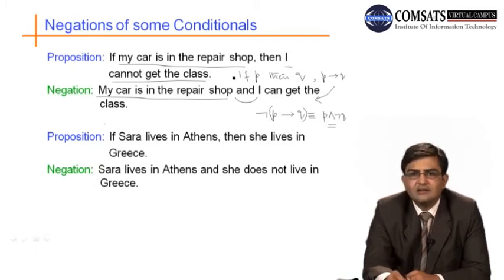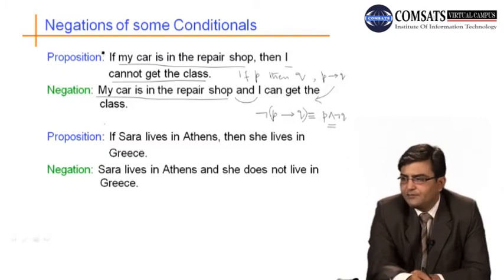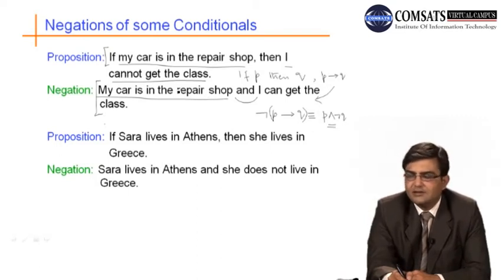I cannot get the class. The negation of this will be I can get the class. So the negation of this conditional proposition can be written as: my car is in the repair shop and I can get the class. So this is the opposite statement.